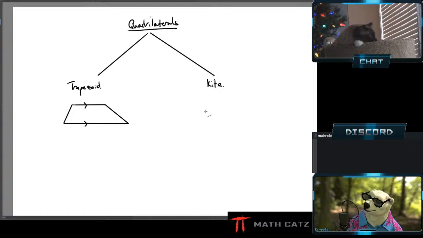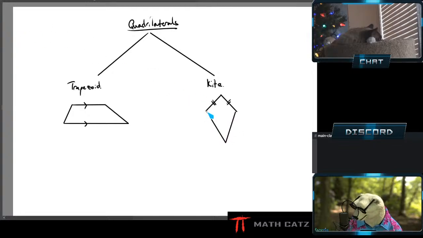They decided on what we call a kite, which has two adjacent sides the same length, like that. So that now indicates same length, as well as the other two adjacent sides the same length.